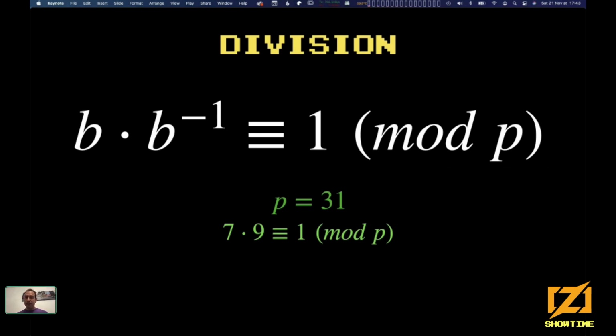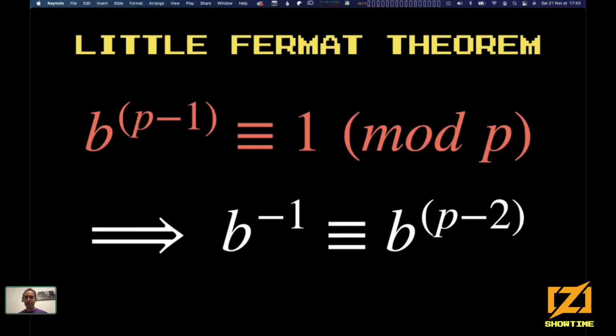We have 7 times 9, mod 31 equals to 1. So 9 is the inverse of 7. So we can divide even with just integers because we are in a finite field, because we can wrap around. So great, we can divide, but how do we do that? How do we compute an inverse?